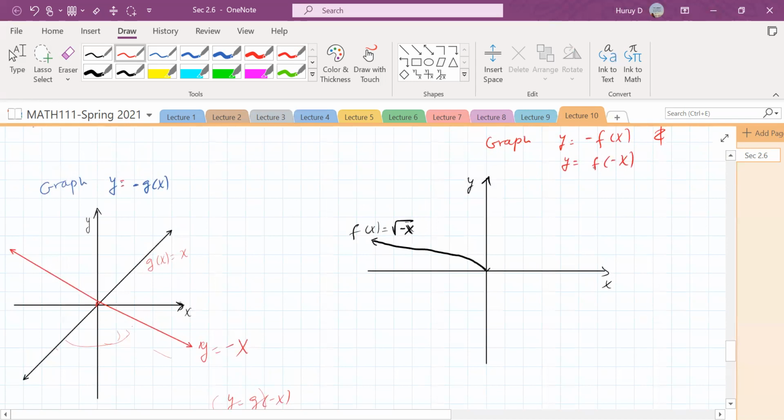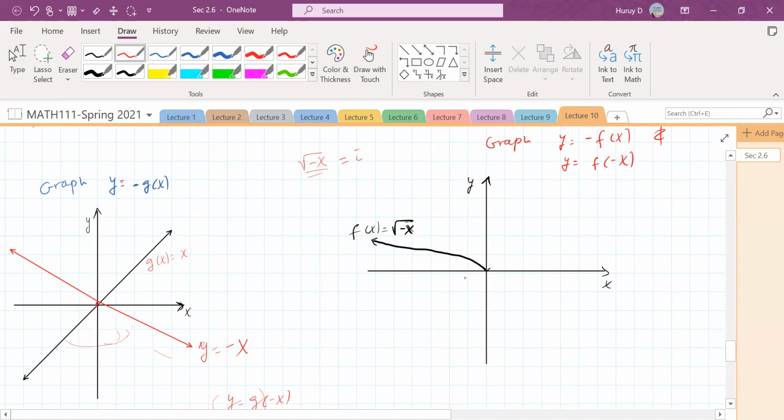And now let's consider this function. We have the square root. Now don't get confused with this one, because from what we know, this is the imaginary number i. But here we are on the left side of the origin, right?